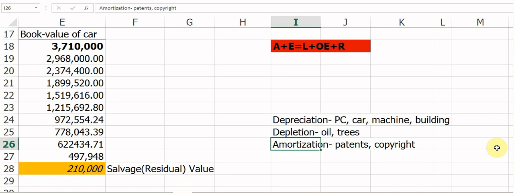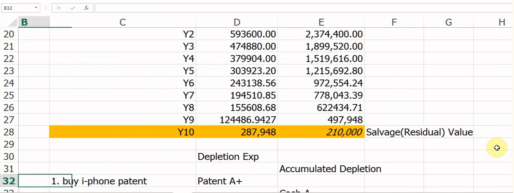And then amortization, again, is used in the same sense, okay? But it's for man-made things that are intangible. We can't touch them. Things like a copyright or a patent. So there are some legal contract paperwork that have value. So let's look at how we can do some journal entries.